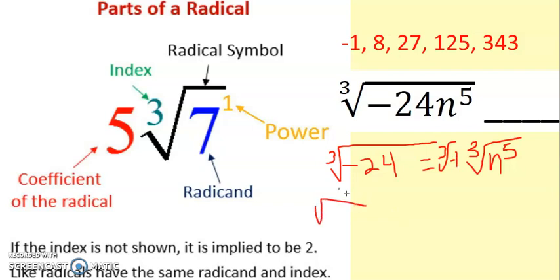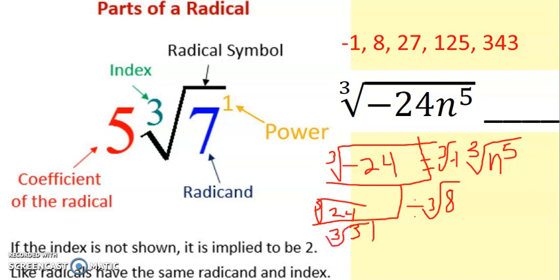So now we have the cube root of 24. We could also take out a cube root of 8. 24 divided by 8 is 3. We can't take out any more perfect cubes, so we're done with that part.